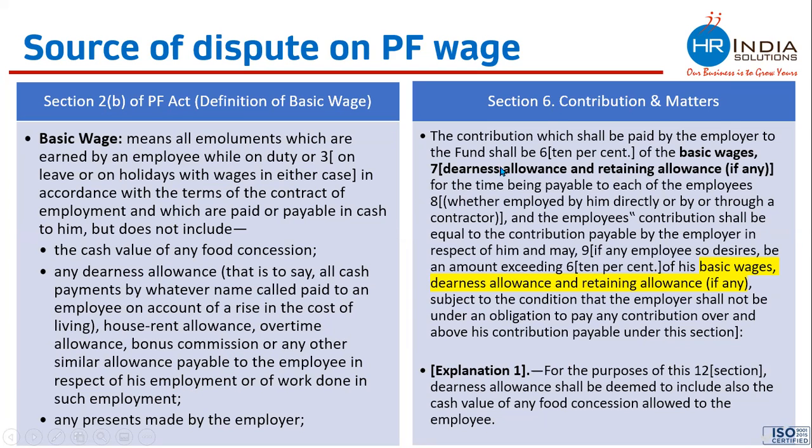In the same act, there is section 6 which says the employer can contribute an amount exceeding 10% of his basic wages, DA and retaining allowance. So the act is saying that PF needs to be paid on basic wages, which is inclusive of all other allowances, DA if it is there, and the retaining allowance.